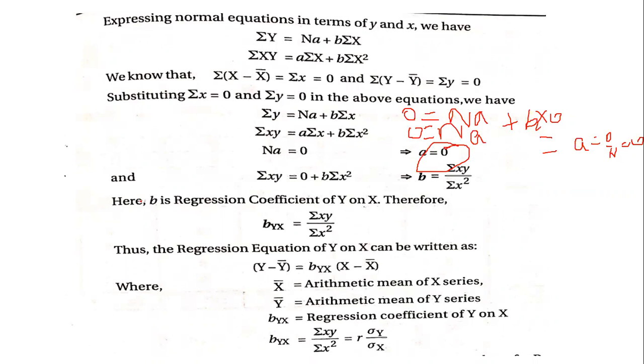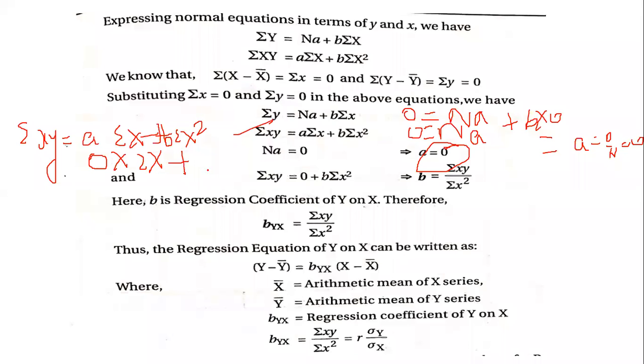Let us take the second equation. Sigma xy is equal to a into sigma x plus b into sigma x square. So if I substitute a equal to 0, 0 into sigma x is 0, plus b into sigma x square. Correct?